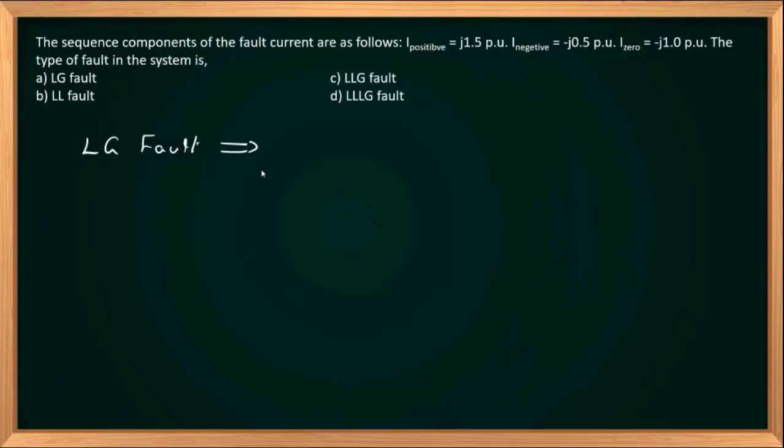And we know that the fault current IF is equal to 3 times IA naught. That means the actual IA will be equal to IA naught plus IA1 plus IA2, and the fault current is the sum of all this. Okay, and you will get it as 3 times.